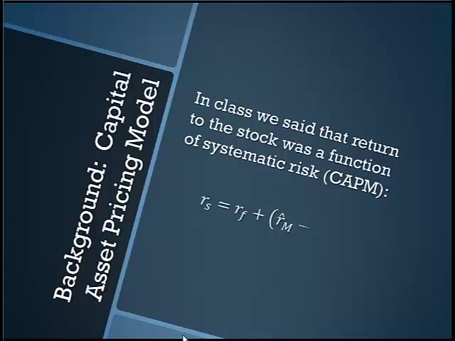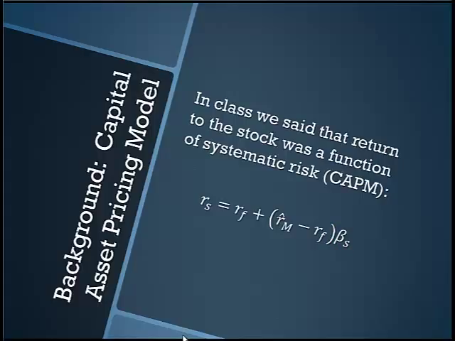In particular, the return to the stock, R sub S, is equal to the risk-free rate plus the risk premium times some measure of systematic risk that we're going to call beta.